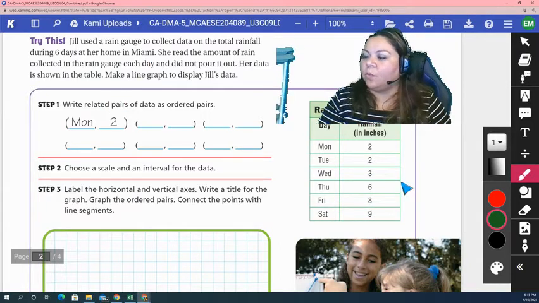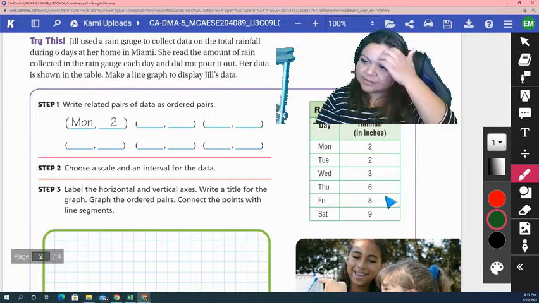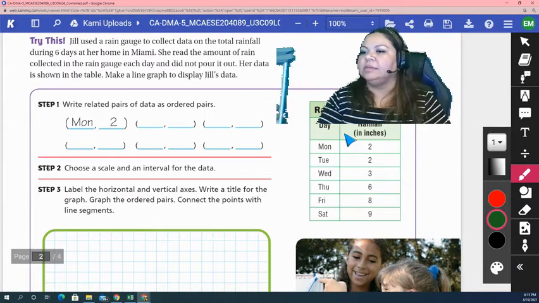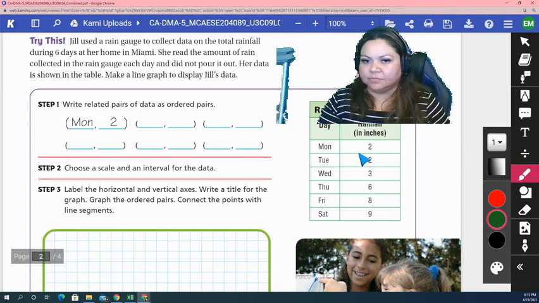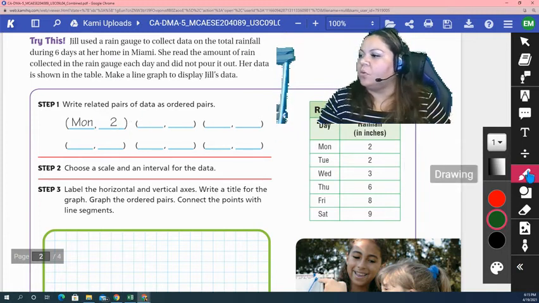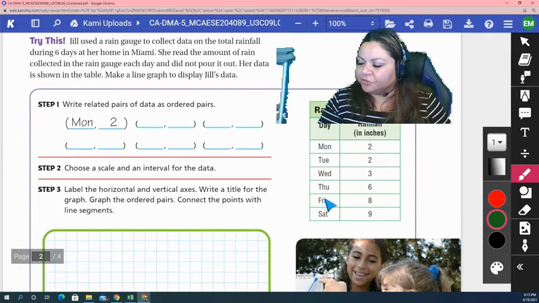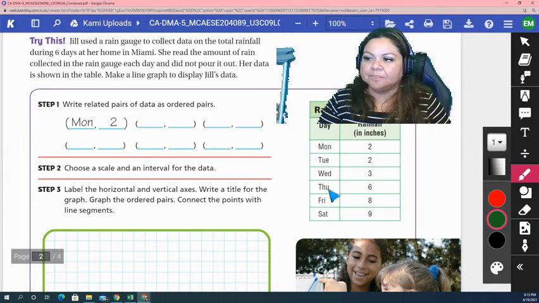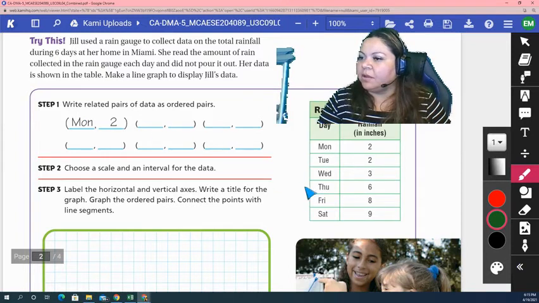Okay, so what our first step, if you remember from the previous example, we are going to write these in coordinate points. Okay, so this one's a little different because our first column has words instead of numbers. But what we're going to do is write those days in our ordered pair.